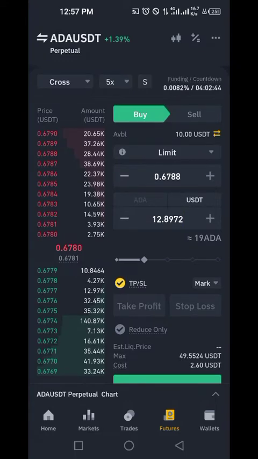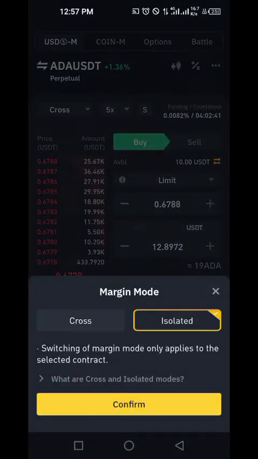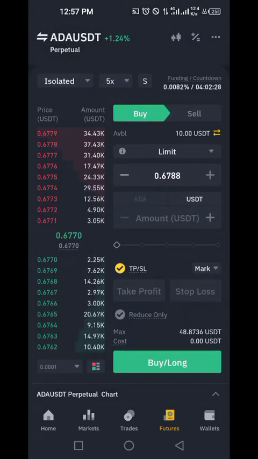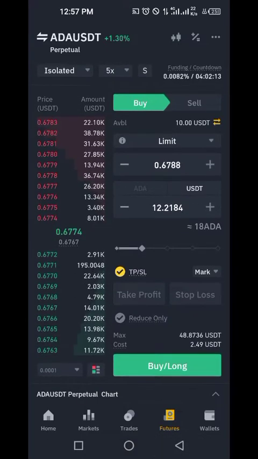So it will enter my available balance. But if you are trading on isolated, what you are saying is that you want the position you are entering now not to touch your remaining balance. It should only take the balance it cost you to hold the position. Let me say, for example, the cost is 2.45 USDT down here. So if I open this position that cost me $2.5 USDT, once the trade goes against me and it gets liquidated, it will give me my liquidation price.